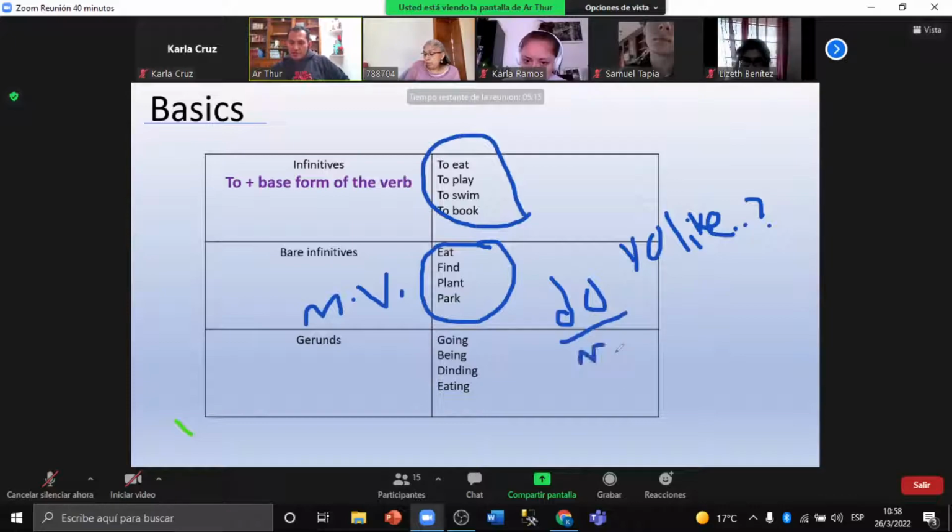Do is your modal verb. And remember the verb infinitive, your verb in the simple form.